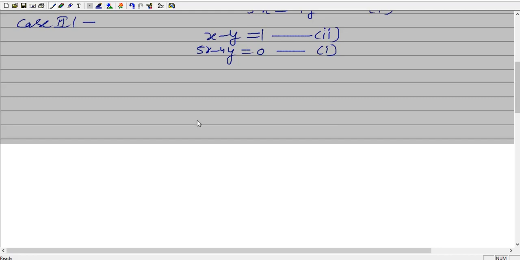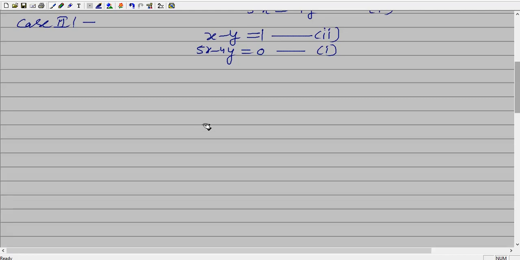Now question number 18, a regular question. A number of 3 digits has the hundreds digit 4 times the unit digit, and the sum of the 3 digits is 14. Now this time it is not a 2-digit number, it is a 3-digit number.